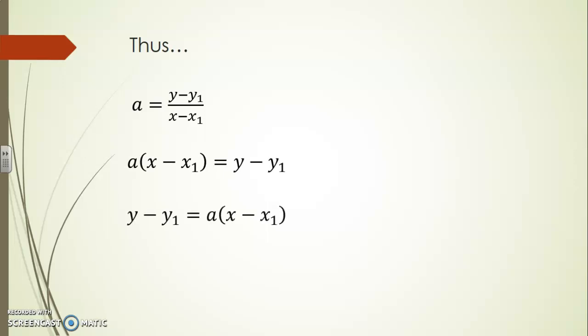Therefore, the slope can be found either from the ratio y2 minus y1 over x2 minus x1, or from the ratio y minus y1 over x minus x1. We can cross-multiply the x minus x1 term, which actually reveals the point-slope form we were discussing earlier.